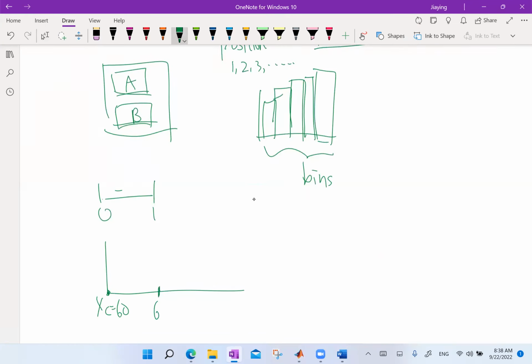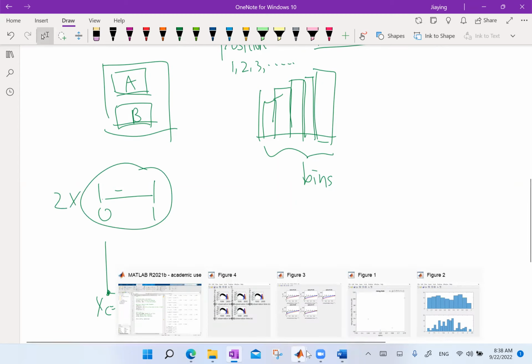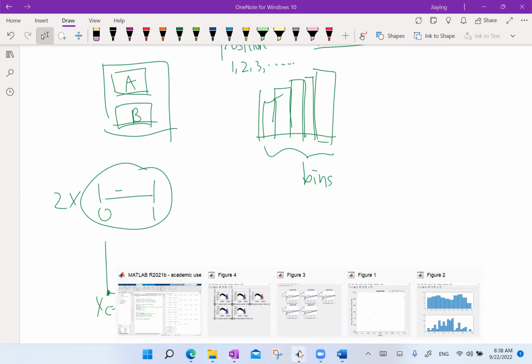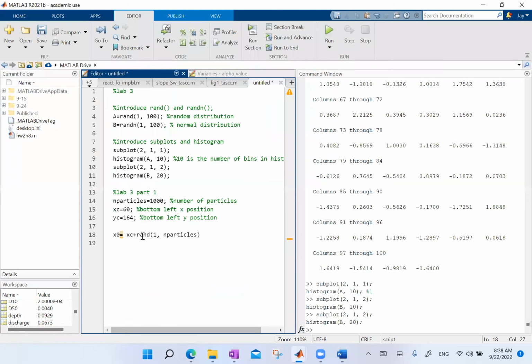That's not enough. So what I want is random values from 60 to 62. So I'm going to take the random distribution and multiply by 2, so that will randomly distribute between 0 and 2. So that will be 2 times rand. That will give us random values from 60 to 62, because the starting value is XC, 60.